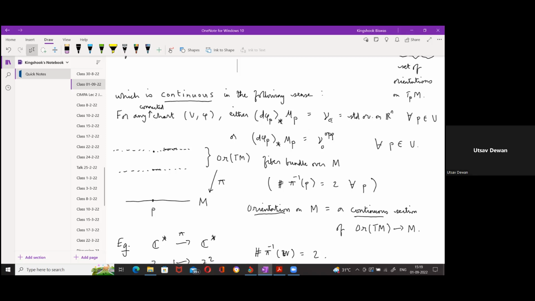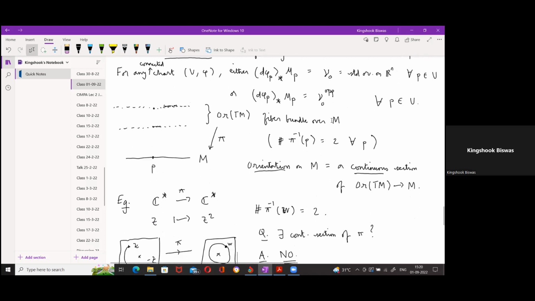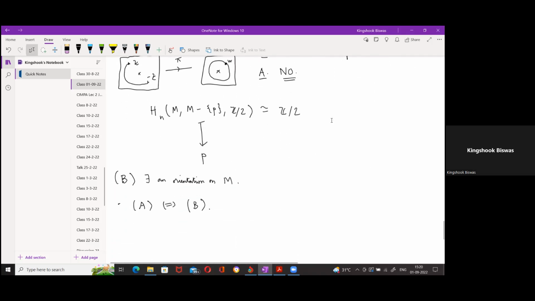Then I take that new chart. So now I get new charts, and they satisfy the compatibility condition: the change of charts is orientation preserving. Is this clear? Okay. And both of these are equivalent to a third property, C: there exists omega, a top degree form, an n-form, such that omega p is non-zero for all p.